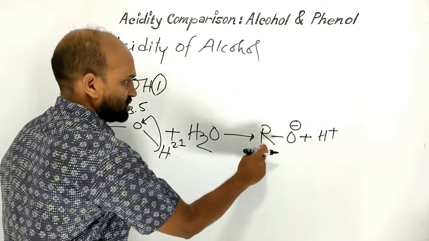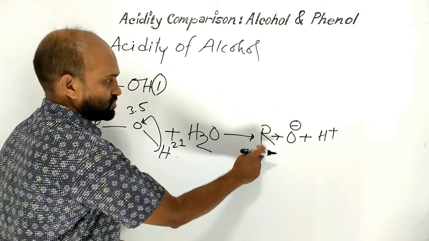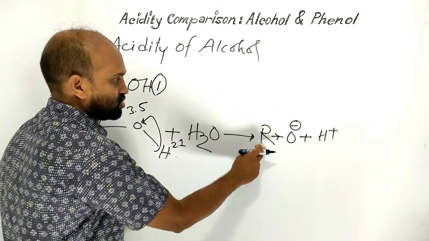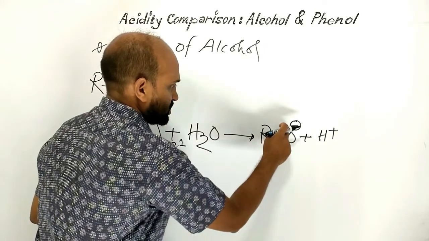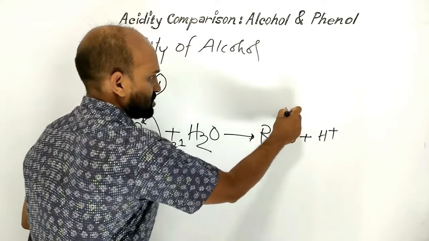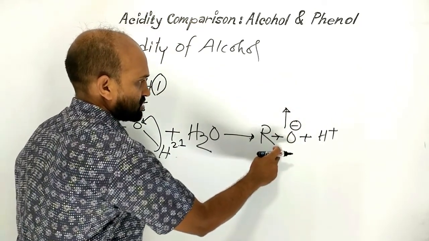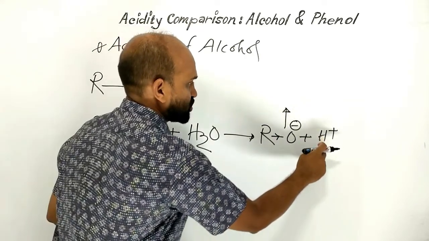On the other hand, the alkyl group is a kind of electron donating group. Because of the presence of the alkyl group, the charge density over oxygen increases. That is why the alkoxide ion has great attraction towards proton.